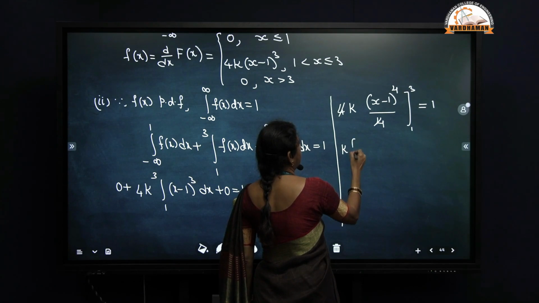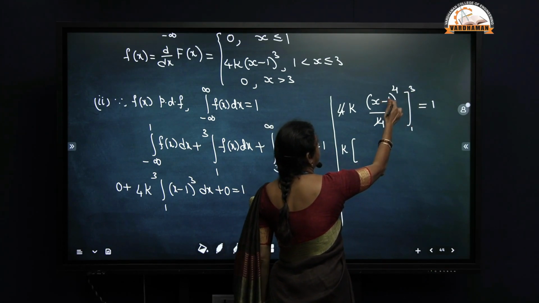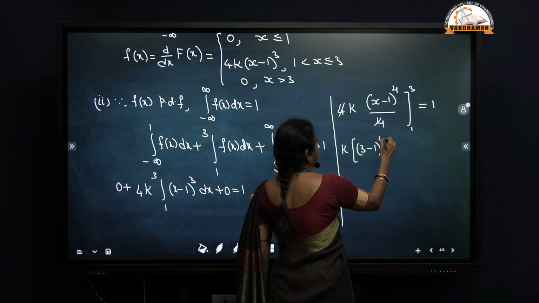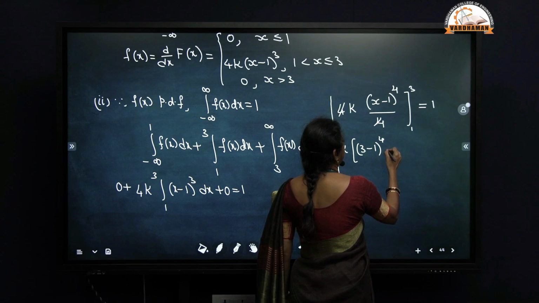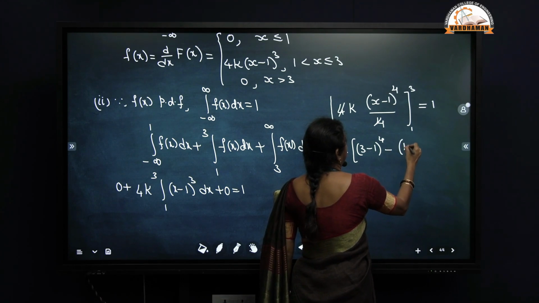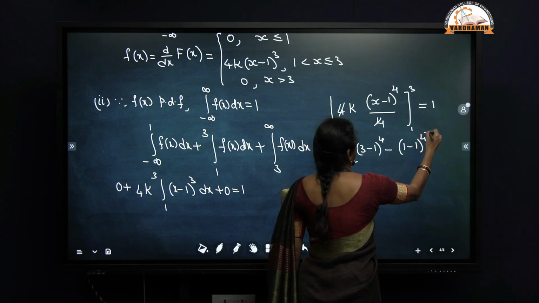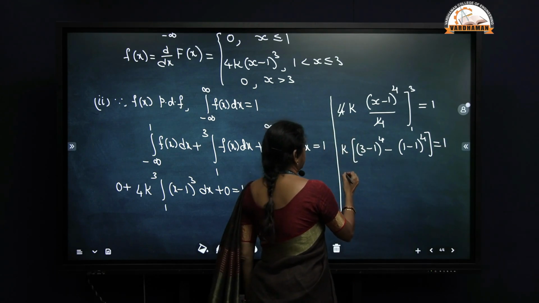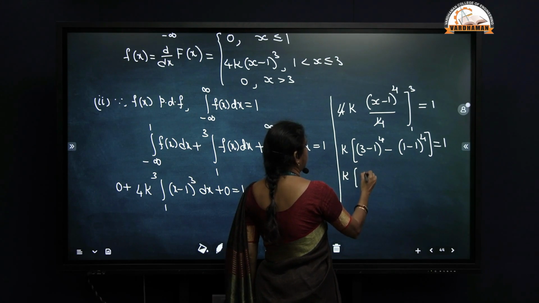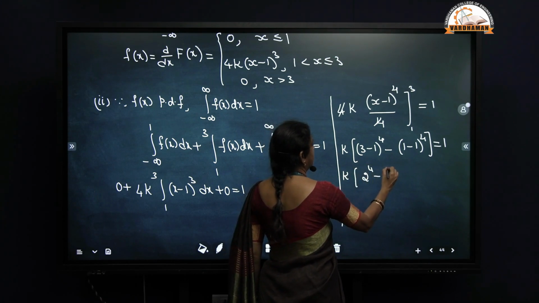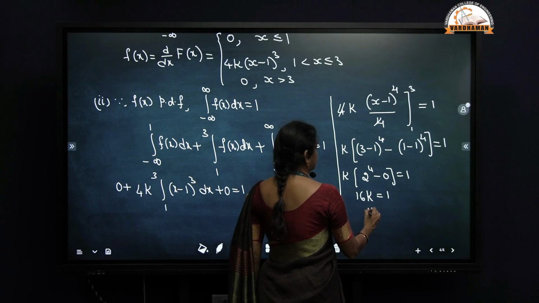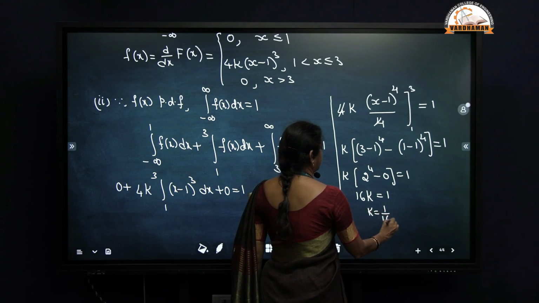So, we have k times, first substituting the upper limit, (3 - 1)^4, and substituting the lower limit, (1 - 1)^4, equal to 1. So, here we have 2^4 minus 0 equal to 1, and we know 2^4 is 16. So, 16k is equal to 1, that is k is equal to 1/16.